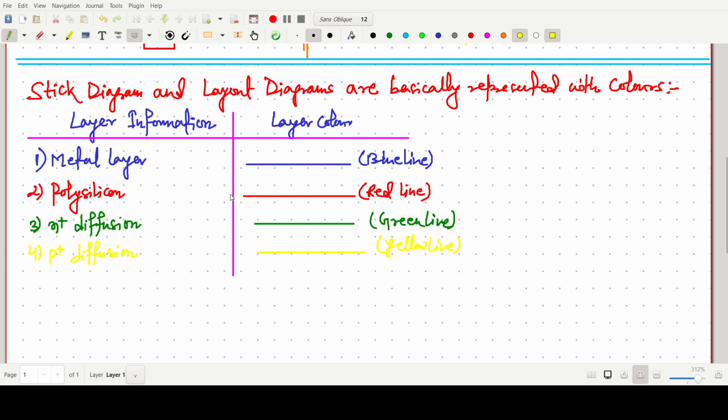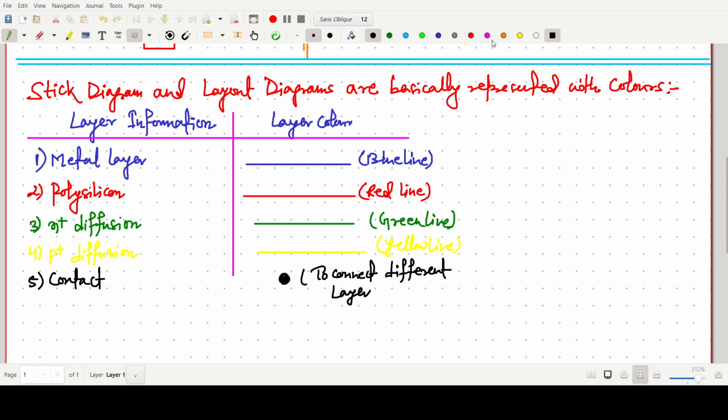Now another important thing is our contact. For contact, we have to use a black dot, which is basically to connect different layers.